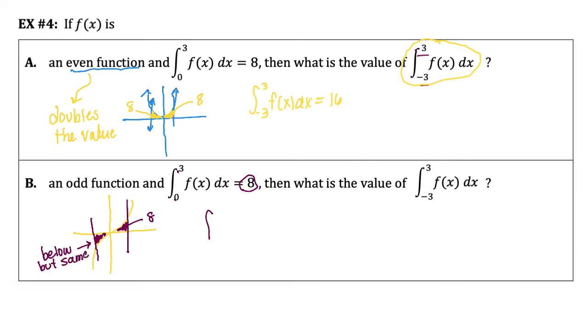So this time the integral from -3 to 3 of f of x dx is going to be a +8 and -8. So it's going to be a 0. So odd functions cancel. All right, so we have two things going on. Again, even functions double the value, but odd functions cancel out the values.